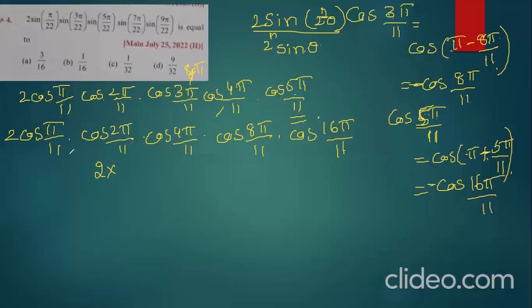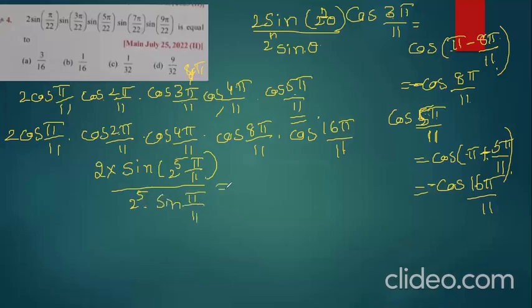So our basic angle is pi by 11. So I am writing sine of 2 to the power of 5, because I have 5 terms, 1, 2, 3, 4, 5 terms. Sine 2 to the power of 5, and my theta is pi by 11, basic thing, right? By 2 to the power of 5 into sine pi by 11.